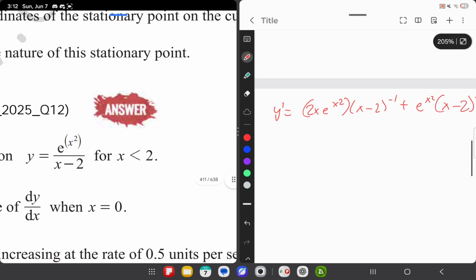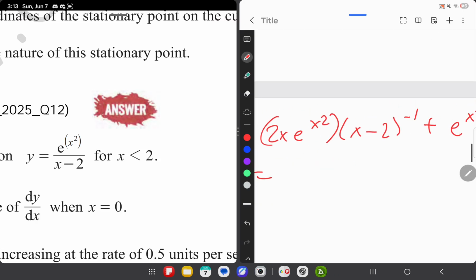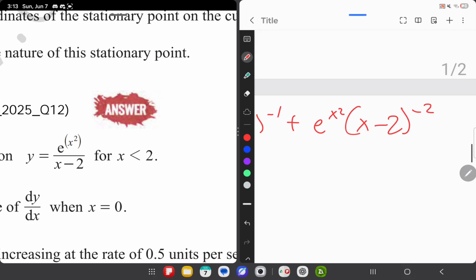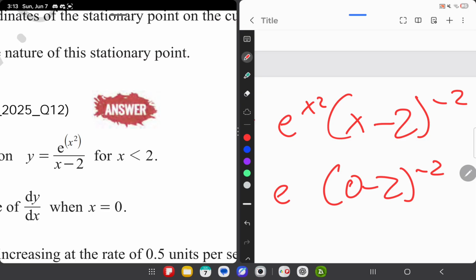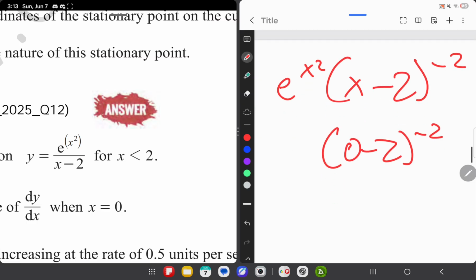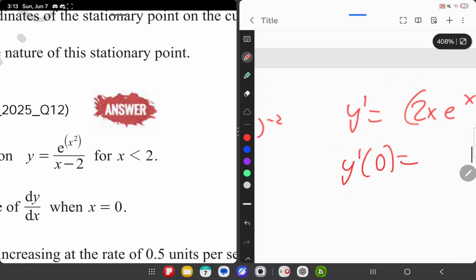Evaluating at 0, what do you get? y prime of 0 is equal to 2 times 0 times e to the x squared, so this is 0, plus e to the 0 squared, 0 minus 2 to the negative 2, this is obviously 1. 0 minus 2, so this is negative 2 to the negative 2. So this is 1 over negative 2 squared. This is 1 over 4. Nice. 1 over 4.